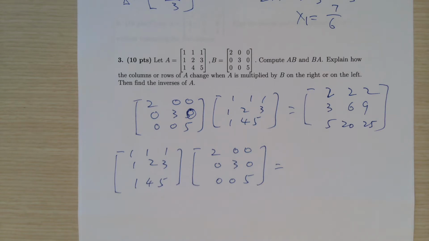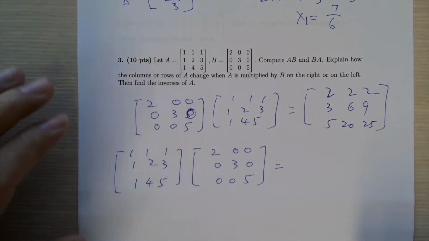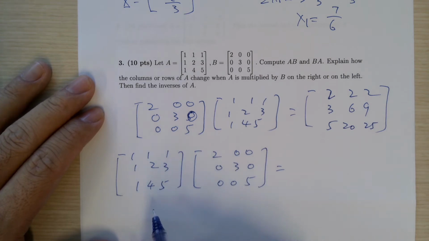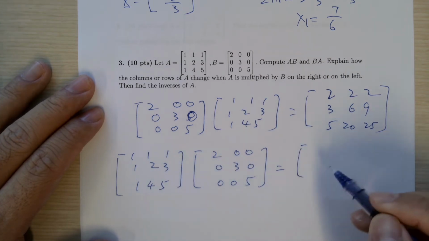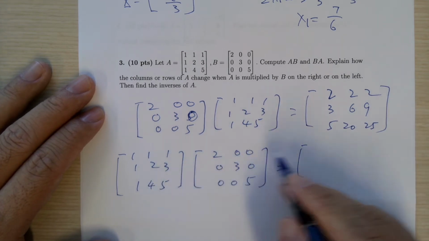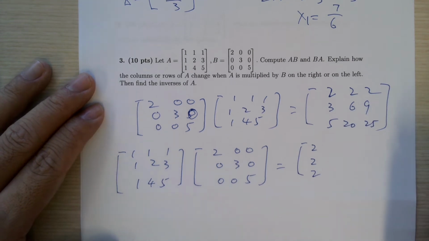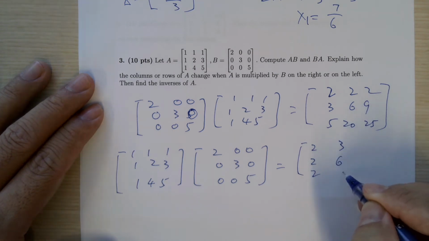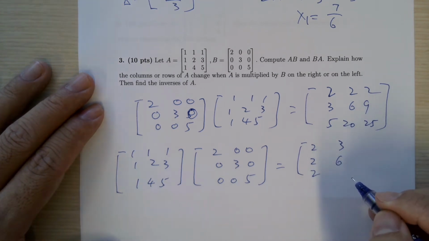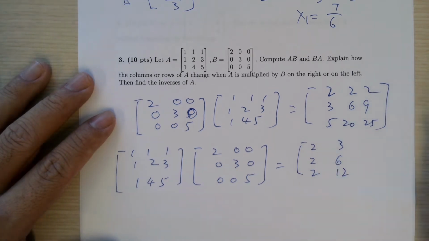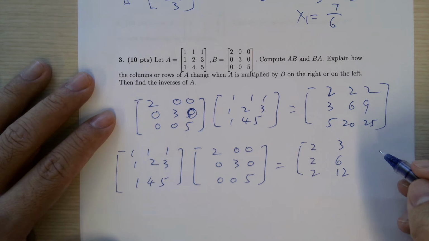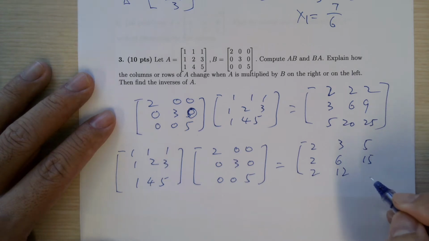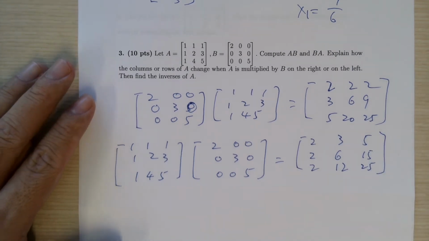What you're going to get is 2, 2, 2 here, and it's 3, 6, and 12 here, and also you're going to have 5, 15, and then 25.